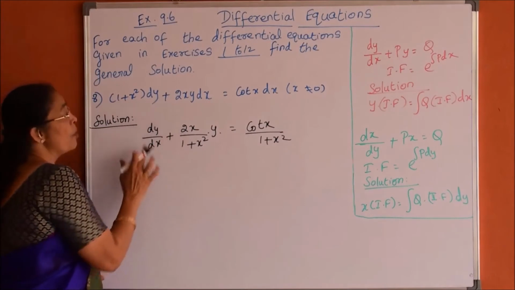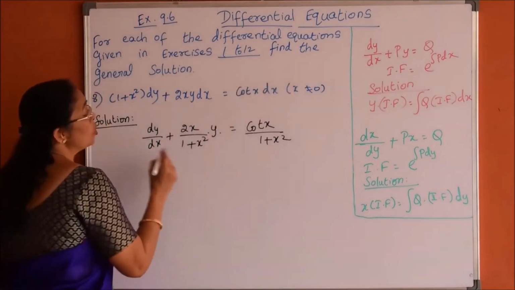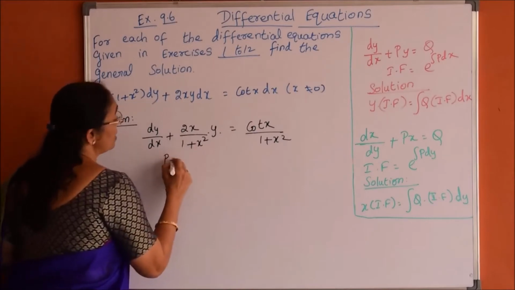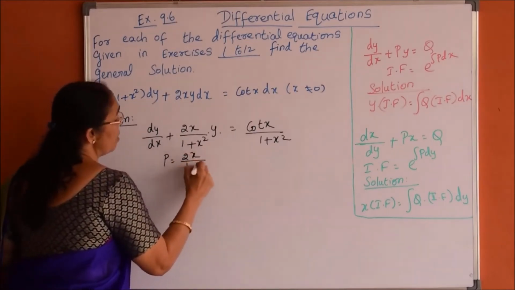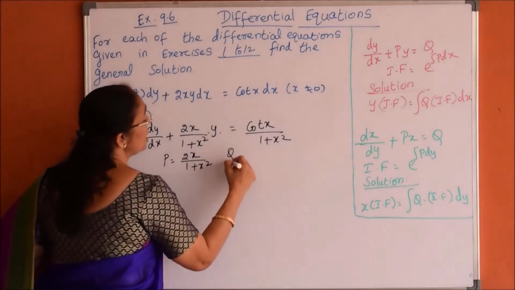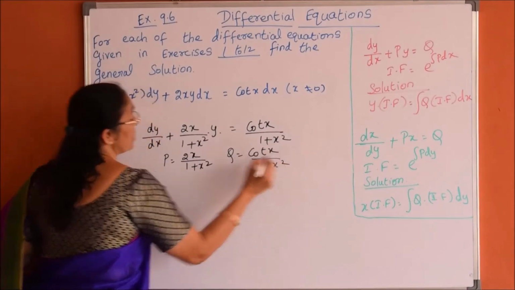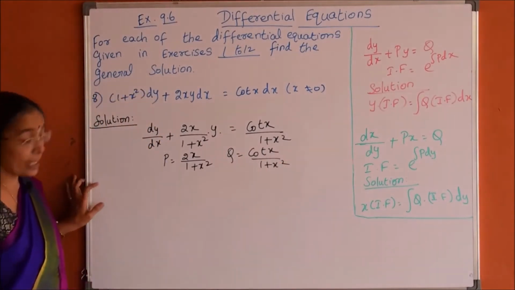Now it is of the form dy by dx plus py is equal to q, where our p is equal to 2x by 1 plus x square, and q is equal to cot x by 1 plus x square. Now let us find out the integrating factor.